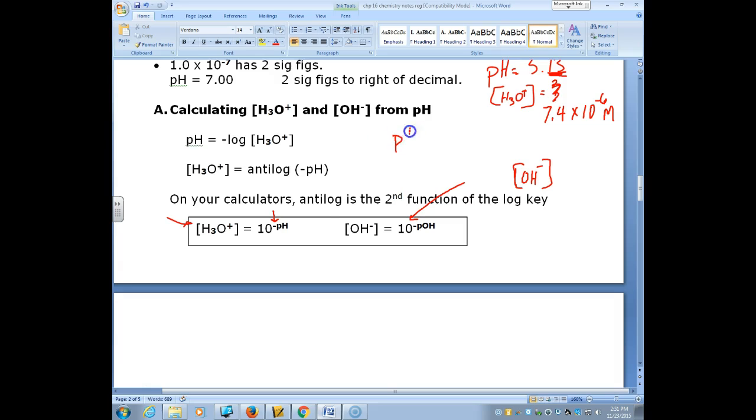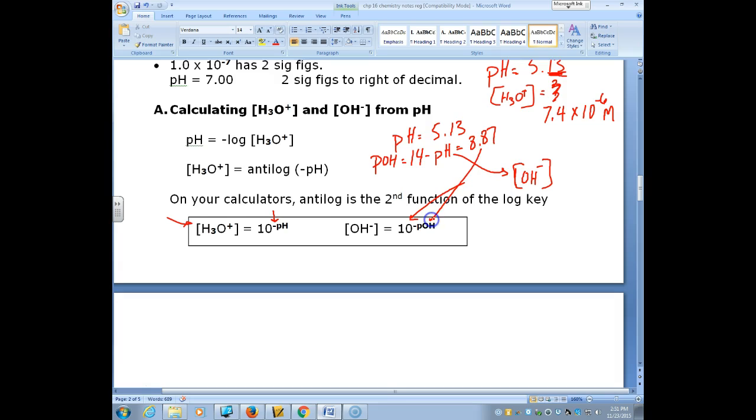So, if I had a pH of 5.13 and they wanted to know my hydroxide ion concentration, the first thing I would need to find is my pOH. Remember, pH and pOH are related by the number 14. So 14 minus pH, so 14 minus 5.13 is going to be 8.87. That is my pOH.